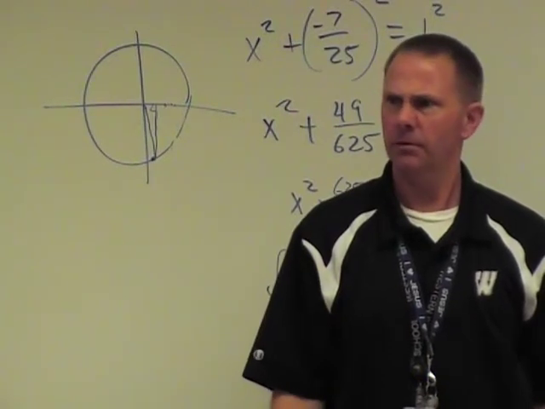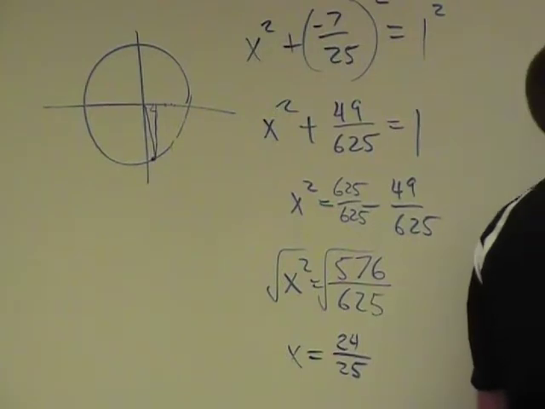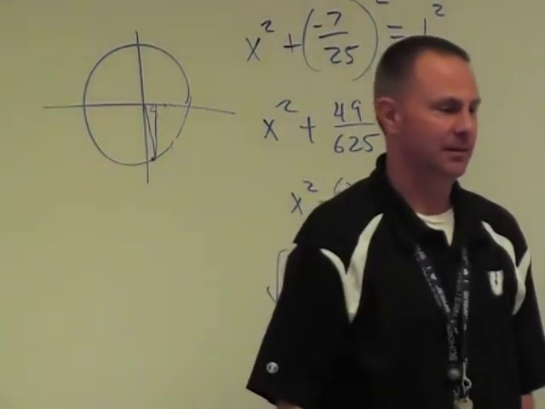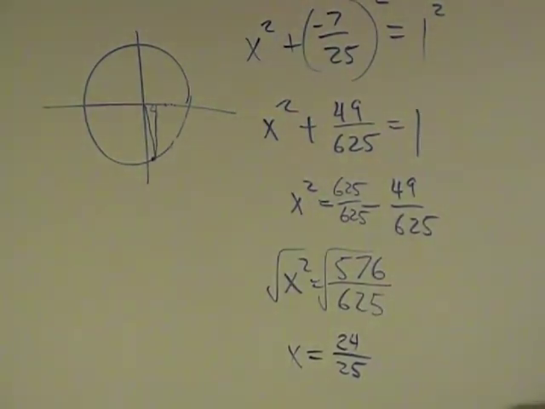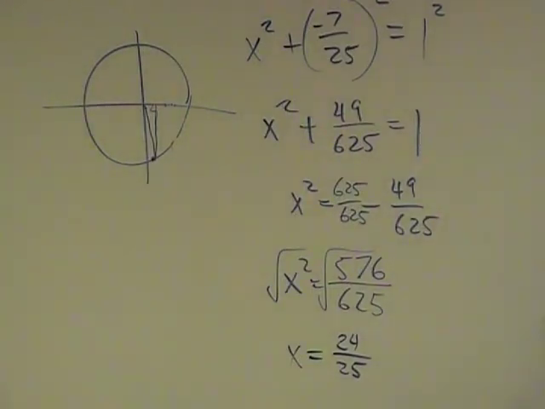3 pi over 2. You had to think about that? Okay. So I'm on the y-axis. Okay, I have absolutely no idea where you just got 270 from. You understand that pi is 180 degrees? Okay.